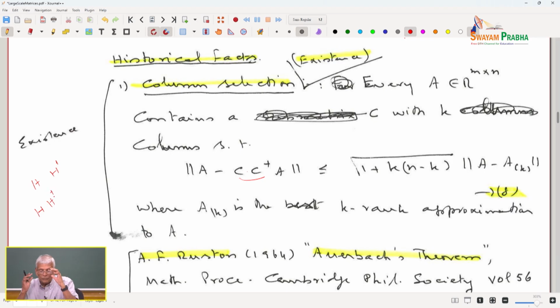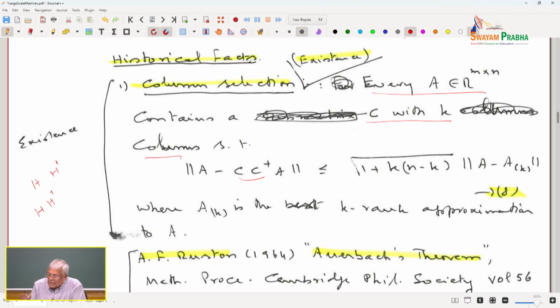So, what is this? I am talking about existence. Given a matrix A, there exists a collection of columns using which I can obtain a k rank approximation. So, that is a kind of an existence result I am talking about. So, existence for column selection. If I give an A, it contains a matrix C with k columns.